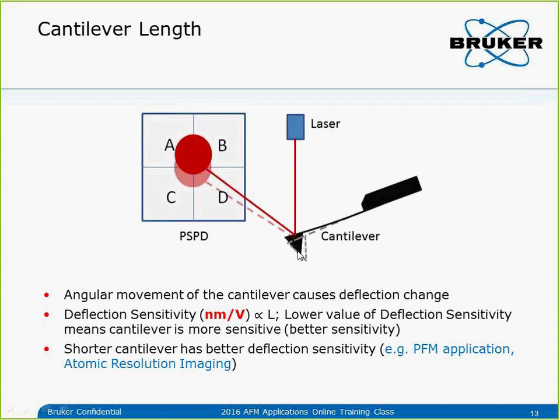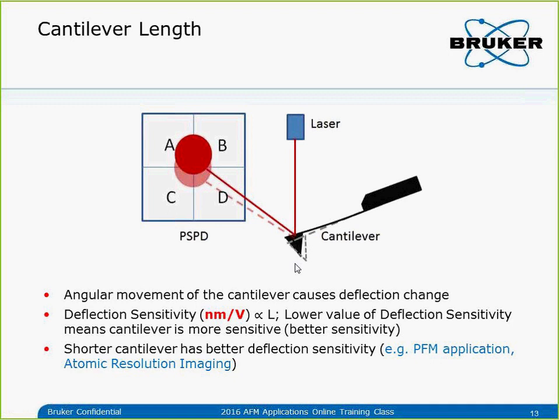The vertical movement of the cantilever in the z direction is very minimal. It's a few nanometers, right? And it's mainly because of the angular movement. When we have a longer cantilever, the same amount of bending in the z direction generates a smaller angle.